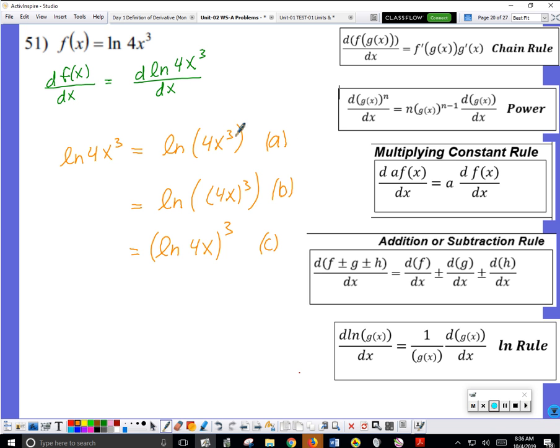But the 3 is only applied to the x. It's still 4 multiplied by x being cubed. You say 4x cubed, but it's really 4 times x cubed. So B would be wrong because it splits up the f of x. Here 4x is being cubed, but the 4 is not being cubed.